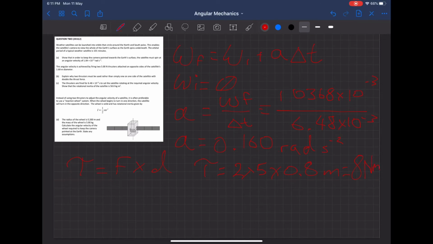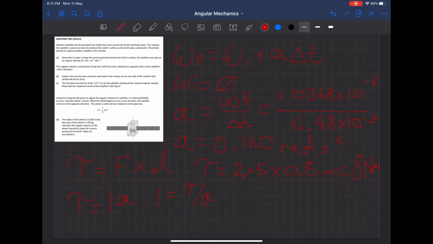Now, with that, we can use the equation torque equals our rotational inertia times our angular acceleration. All right. With that, we can rearrange the equation. Our rotational inertia equals our torque over angular acceleration.